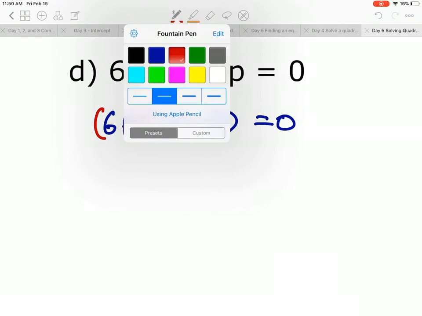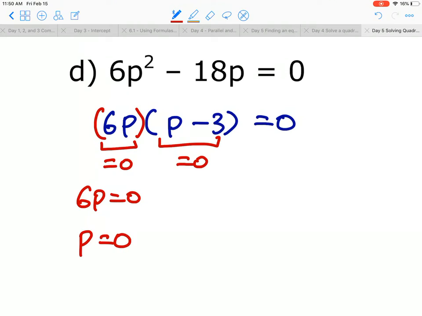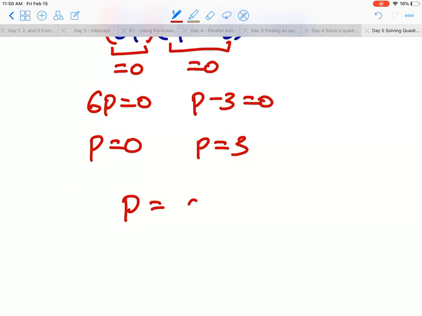So then you either make this one 0 or make this one 0, right? Now 6p equals 0, well, that is basically p equals 0, and then p minus 3 equals 0, so p is then 3. So your p value will be 0 or 3.